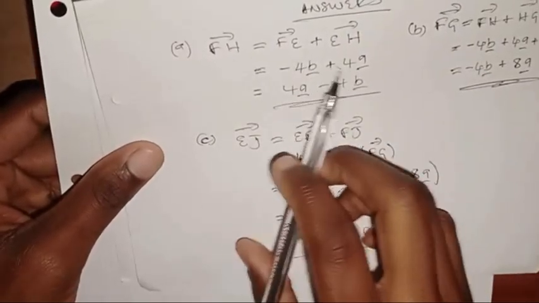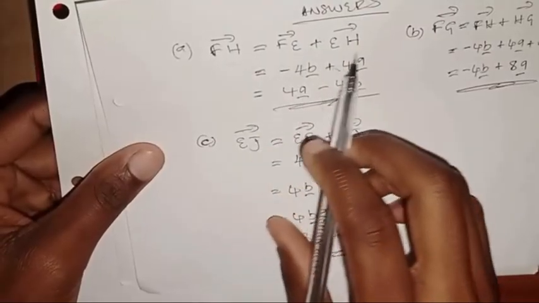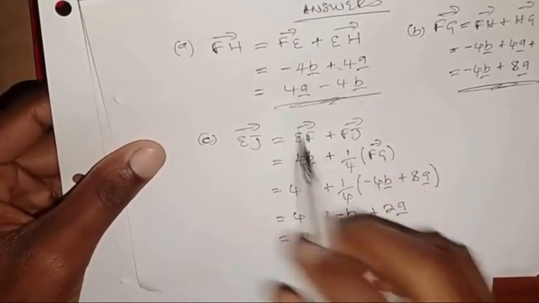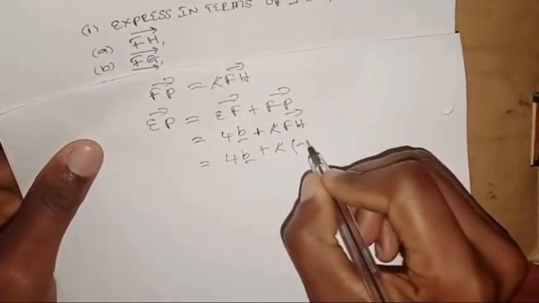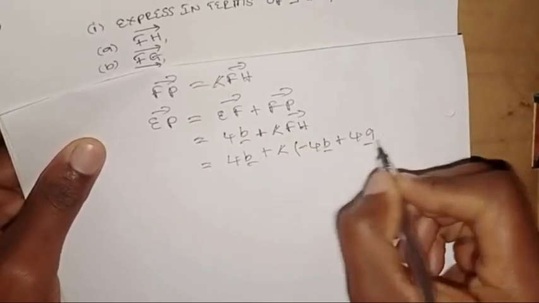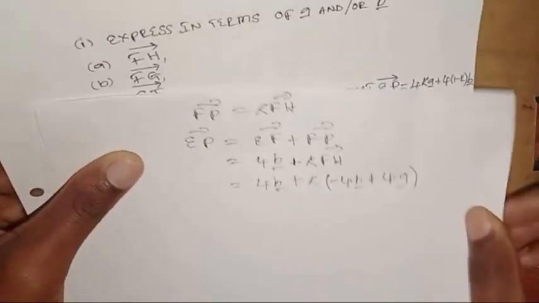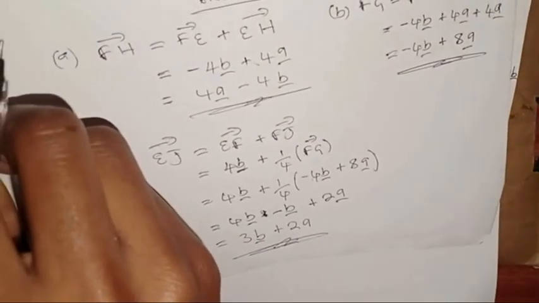To simplify things, I'm just going to use this first part here: negative 4b plus 4a. Let's make sure that we have written the exact same thing. Negative 4b plus 4a.